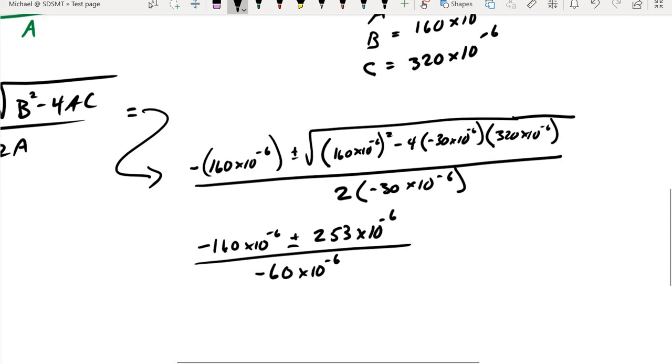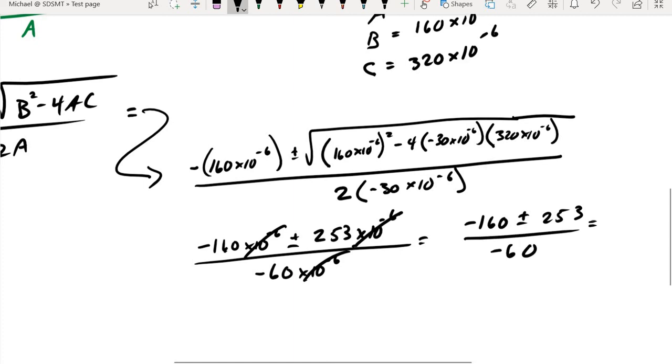And so now, since everything in line has a 10 to the minus 6 attached to it, we can factor those out. And we're left with a much more manageable set of numbers.